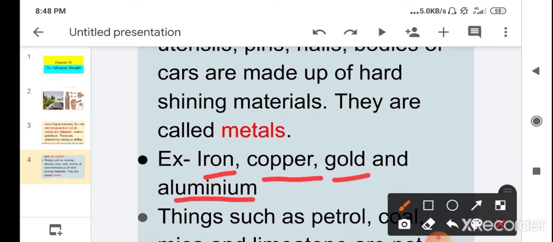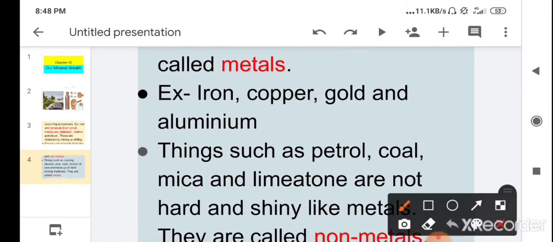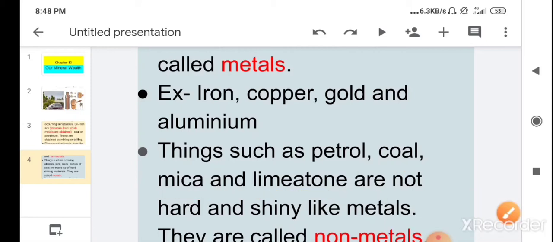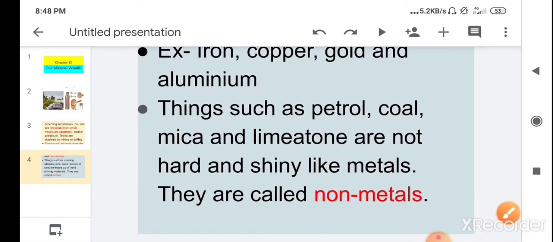So what is metal? The material which is hard and shiny is called metal. And things such as petrol, coal, mica and limestone are not as hard as metals, and not shiny, so they are called non-metals.